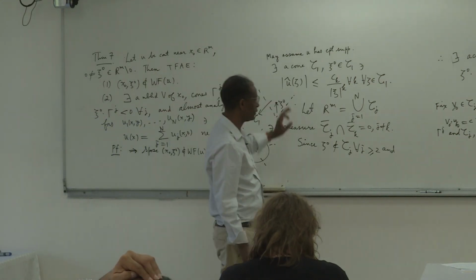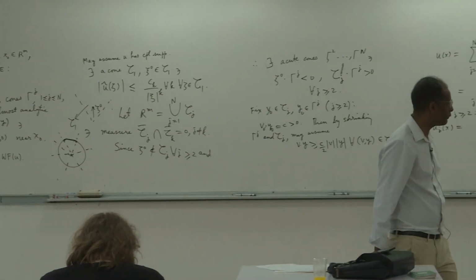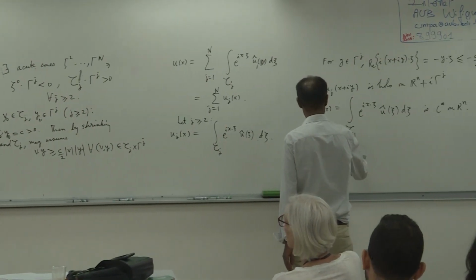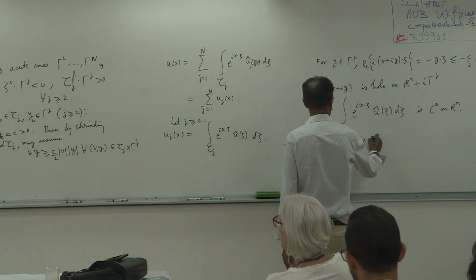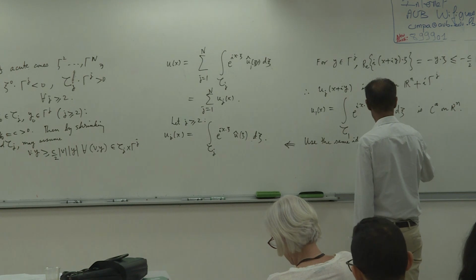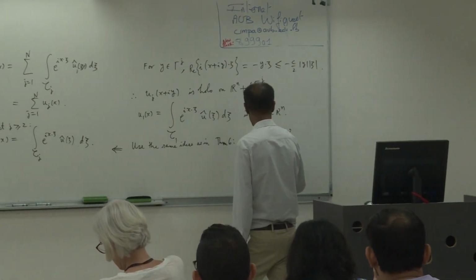For that I have to look at u hat of c. Well, remember, use the same ideas as in the proof of theorem 6. Remember yesterday where I took this cylinder that I called D?